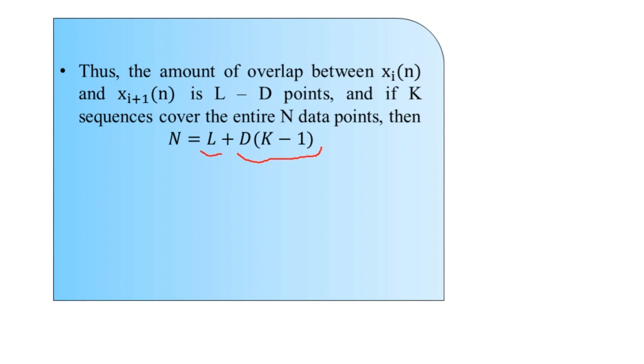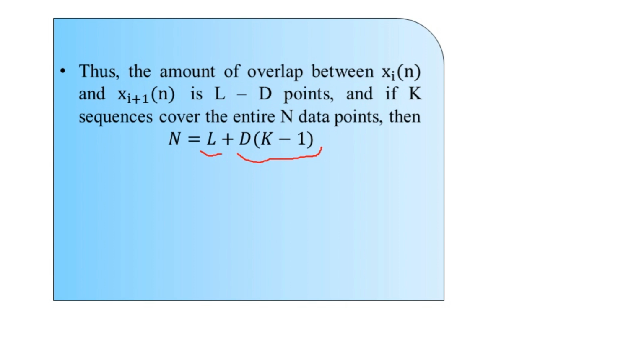If we take an example with no overlapping, the offset D is equal to the sequence length L, so D equals L. In that case K equals N by L sections of length L, as in the previous method, Bartlett's method, from our 8th topic.